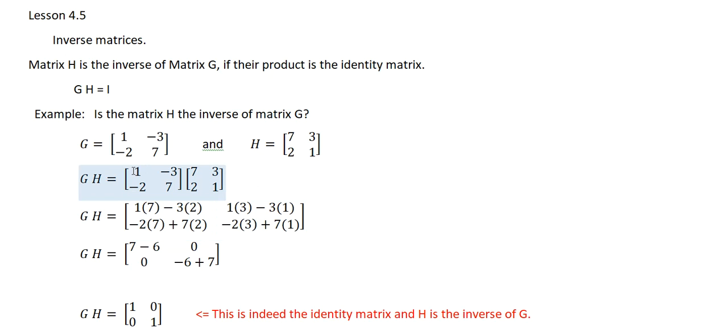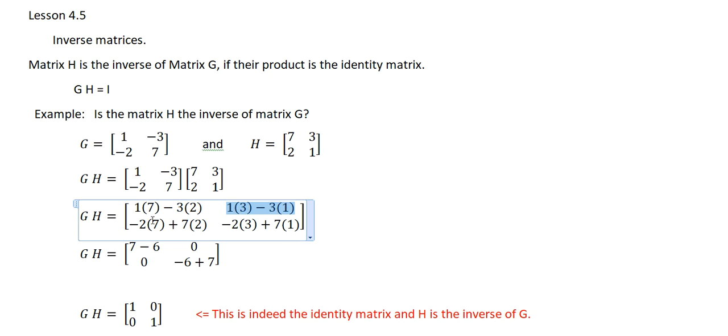So again, we have 1 and minus 3: 1 times 3, which is the first element in the second column, because remember, we're doing first row, second column, and then minus 3, which is the second element in the first row, times 1, which is the second element in the second column. So basically we have 3 minus 3, which is 0, and we're looking good.